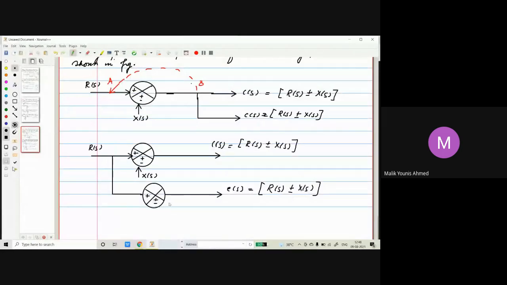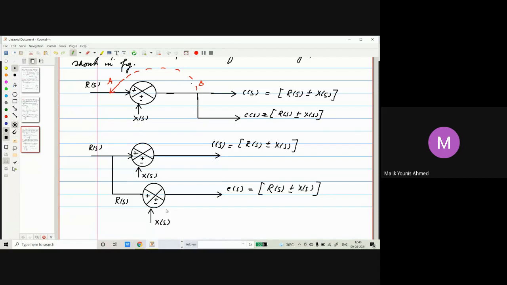So clearly, it has to be plus minus what? Simply X of S, nothing else. R of S, we are getting up to here. This all is R of S as usual. Output is X of S. We need to simply use a signal of X of S.